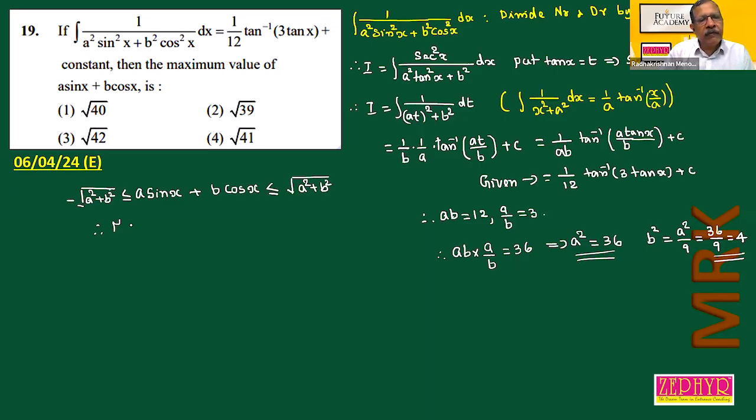Therefore, the maximum value of A sin x plus B cos x is equal to root of A squared, 36, plus B squared, 4, which is root 40.